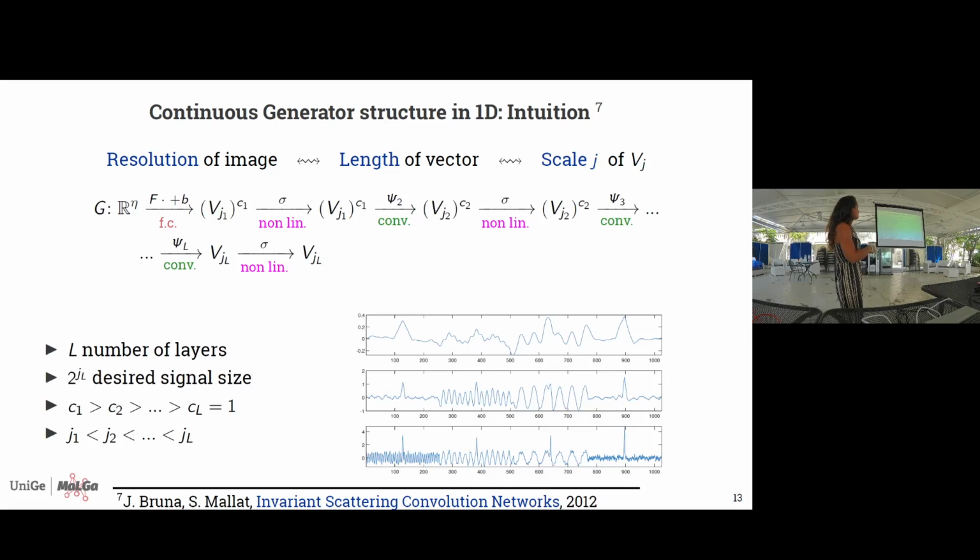And this is the structure replacing R to the power of alpha with our scaling spaces Vj. It is the same structure as before, where the scale decreases until JL.